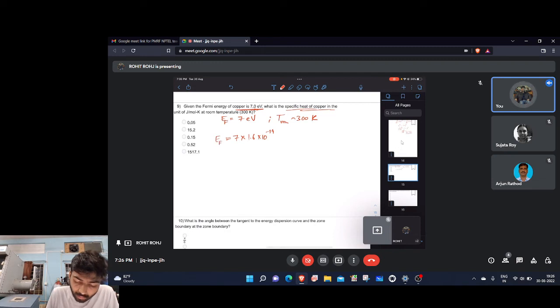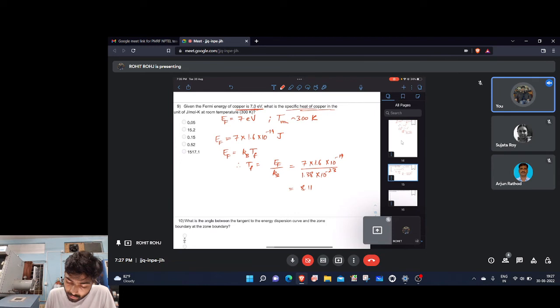So Fermi energy in terms of joule becomes this quantity, and since Fermi energy is related to Fermi temperature as k_B T_F, therefore T_F becomes E_F divided by the Boltzmann constant, 1.38 times 10 to the power minus 23. If one solves this, one would find 8.11 times 10 raised to the power 4 Kelvin.